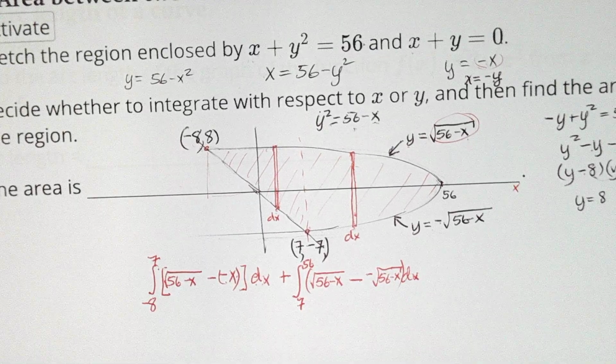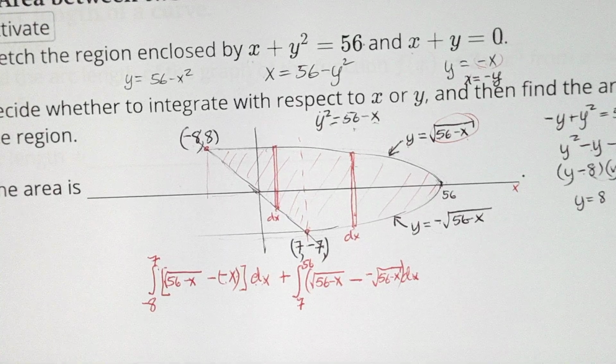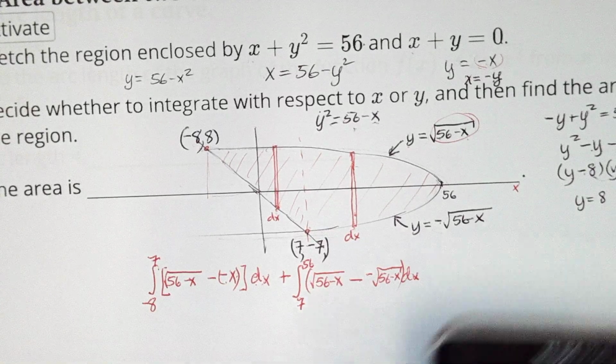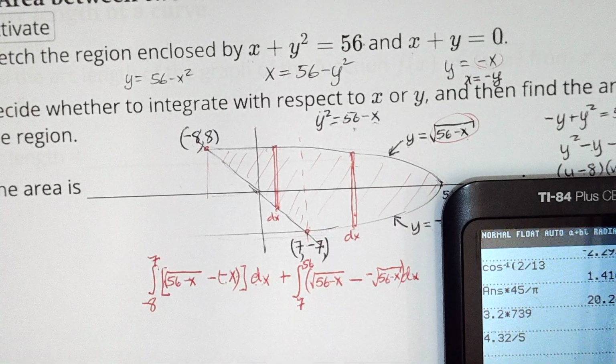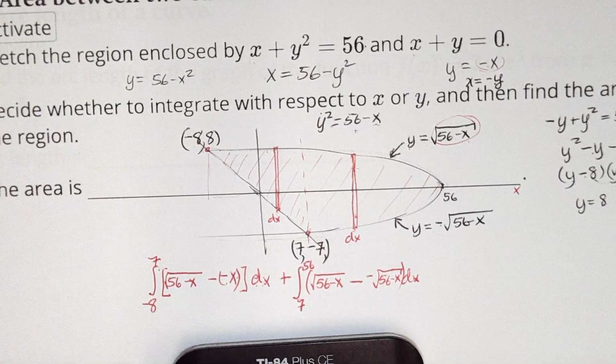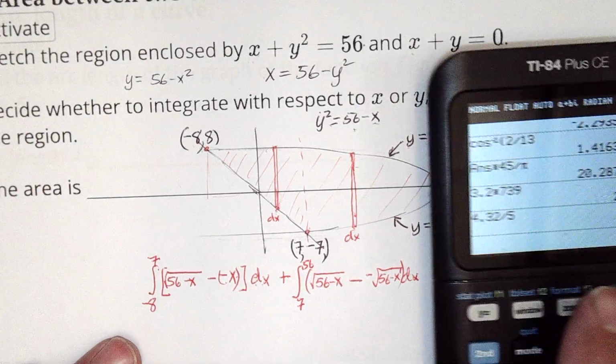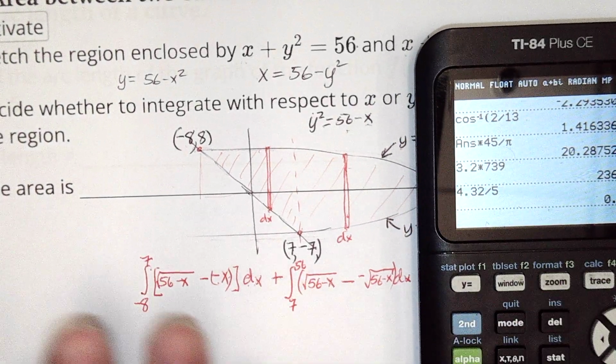Okay, so that's the integral I'd have to figure out to find the area between the two curves. Now, let's just type that into the calculator just as it is. I'm going to try to put it someplace where you can see it and I can see what I got.